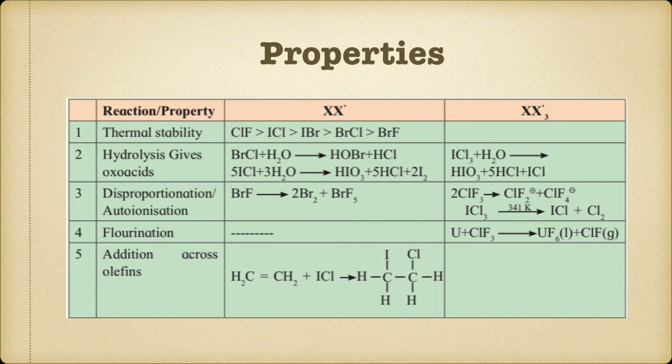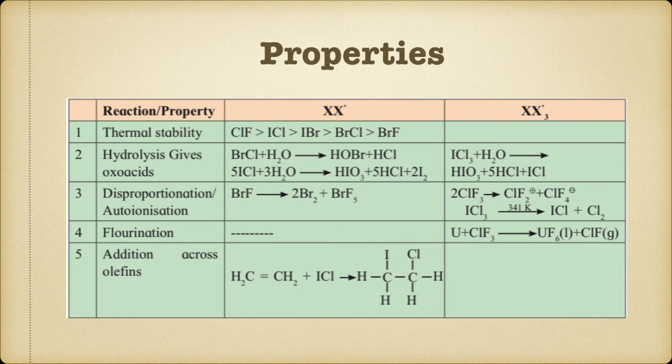Next one, ICl reacts with water, that is hydrolysis of ICl will give me HIO3, that is iodic acid, HCl and iodine. Okay, and for the type XX'3, ICl3 when hydrolyzed will give me HIO3, that is iodic acid, HCl and ICl.